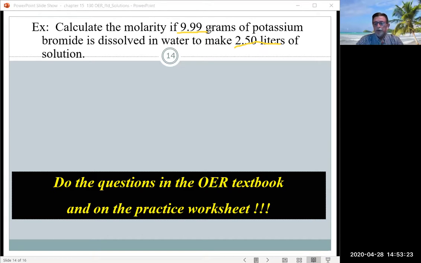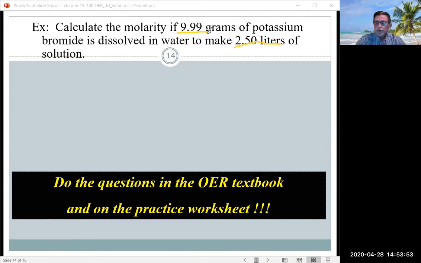And before you can do that, you're going to make sure you put it together correctly in the formula. And so by the name potassium bromide, you know that potassium ion is a +1. It's in group 1. When potassium becomes an ion, it'll be a +1. The bromide is in group 7. Bromine is in group 7. When it becomes bromide, it picks up an electron, so it has a negative charge.